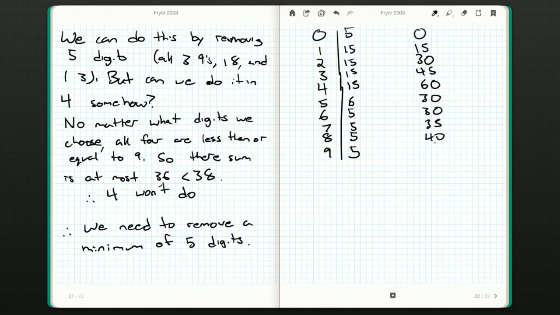We have 35, 40, and 45. Okay. 15 plus 30 plus 45 plus 60 plus 30 plus 30 plus 35 plus 40 plus 45. So we get 330. Okay. And we want to bring that all the way down to 210.